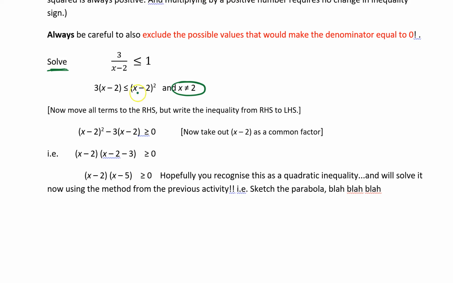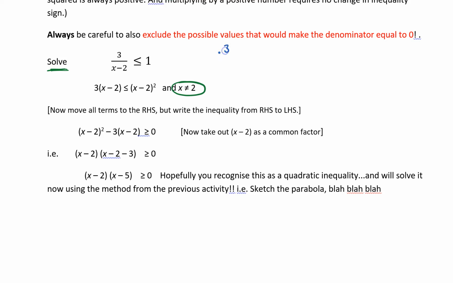So with this example, we've multiplied both sides by x minus 2 all squared. And if you are struggling a bit going from there to there, then put in the additional step.